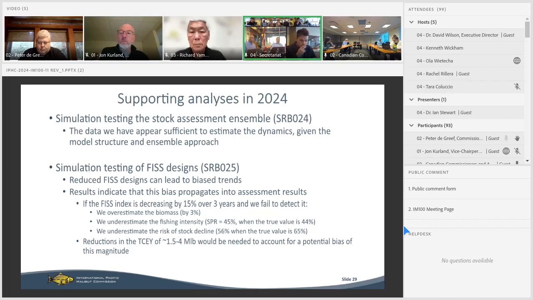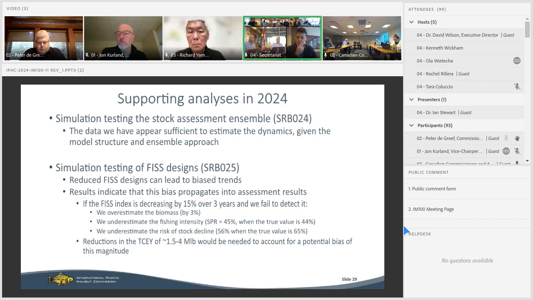So the way to interpret this is, well, first, there were several questions that we were trying to pose here. The first one was trying to understand if we had a biased FIS index, but we had unbiased fishery data, you might expect that under some FIS designs the fishery data might counterbalance and lead to not too much bias in the stock assessment results. And what we found was that it's true to some degree.